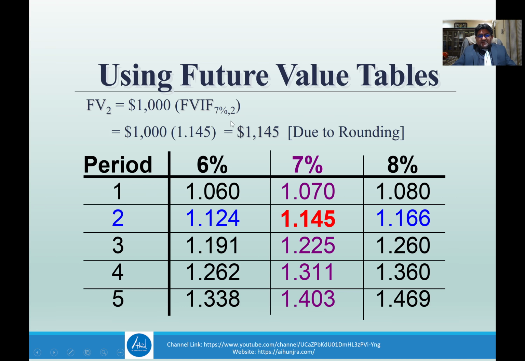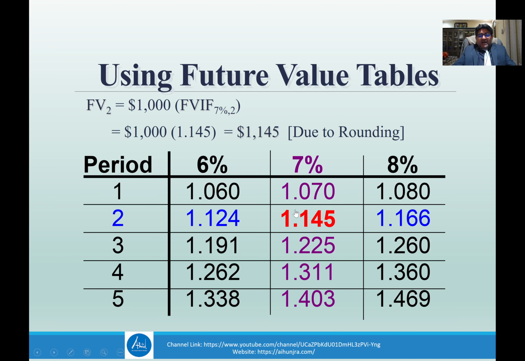The time period is 2 years. We look here. What is the interest rate? So it's the amount 1.145. That is the amount which can be used as a future value interest factor at 7% for the second year.